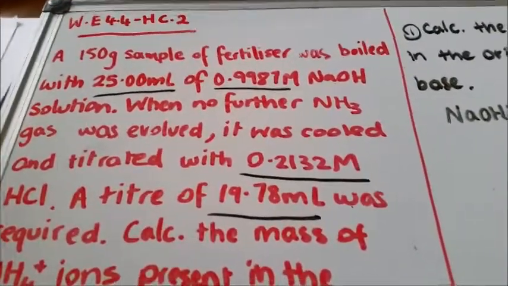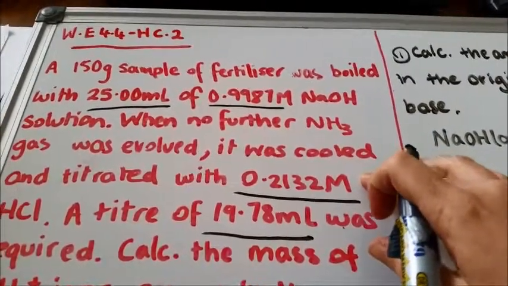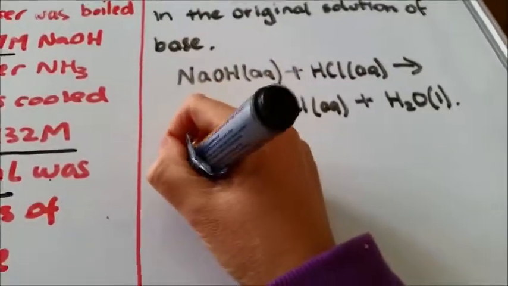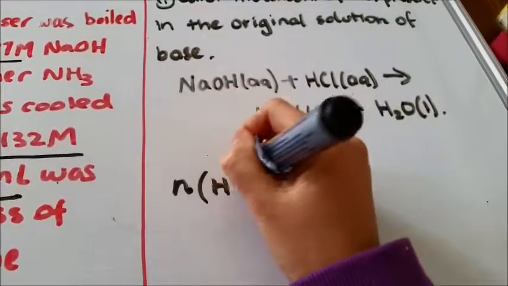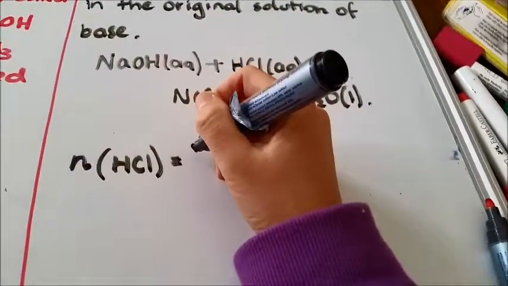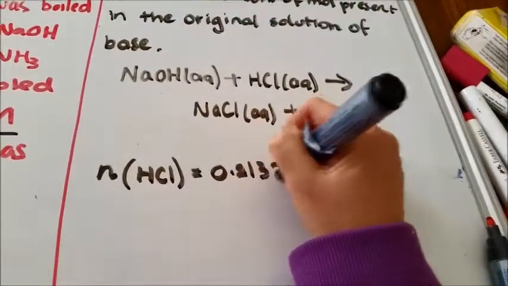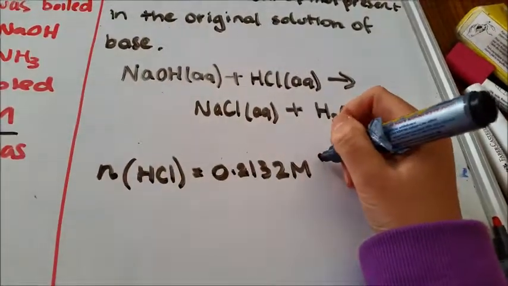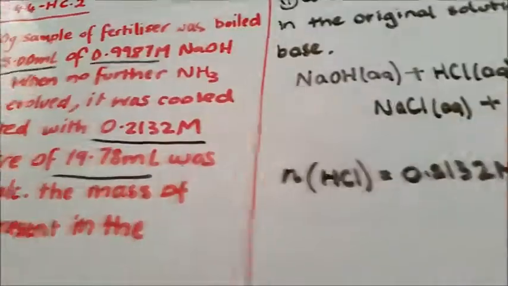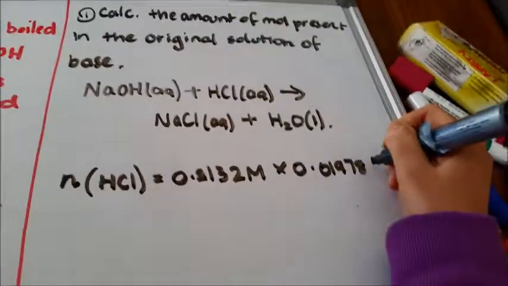Now, the information that we can deal with quite successfully is the fact that we were told we had 0.2132 molar and 19.78 ml of hydrochloric acid solution. So let's figure out the amount of HCl that was present in the solution, which is going to be 0.2132 molar multiplied by 0.01978 litres.